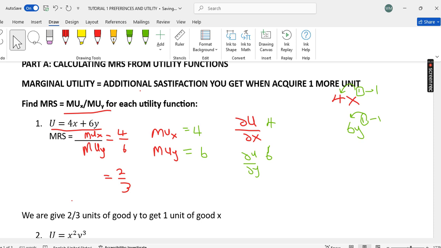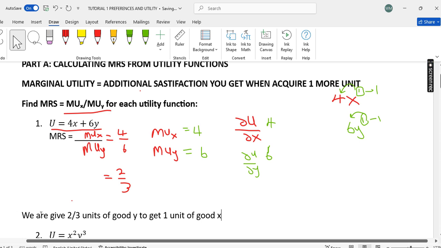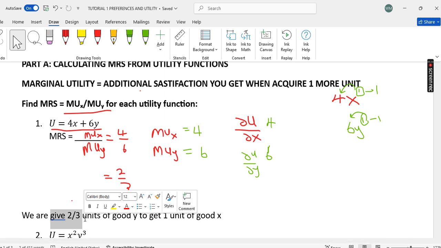Okay, remember, marginal rate of substitution is the trade-off rate. So the trade-off rate is 2 over 3 units of y. Okay, if you want to get 1 unit of x, you give up 2 over 3 units of y.